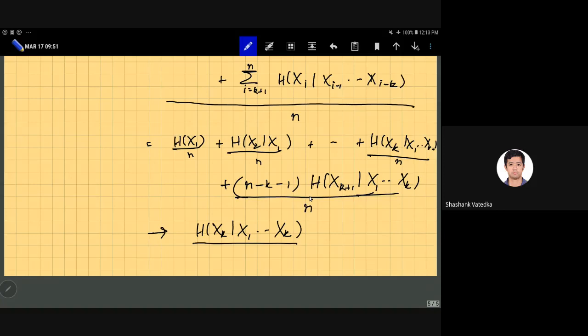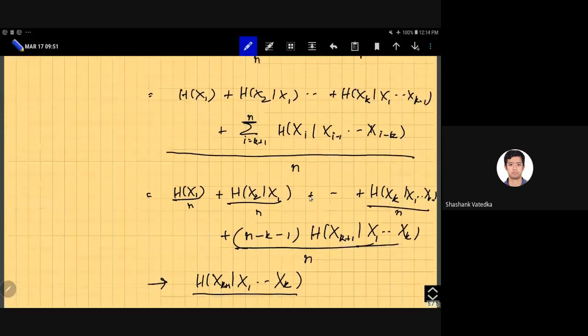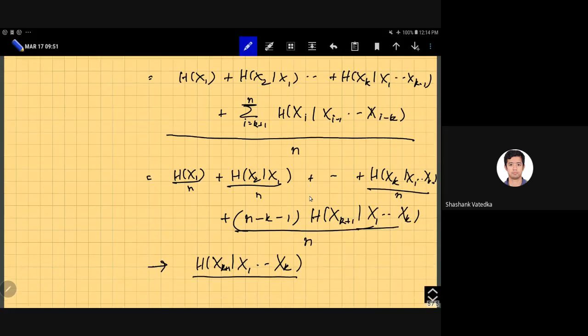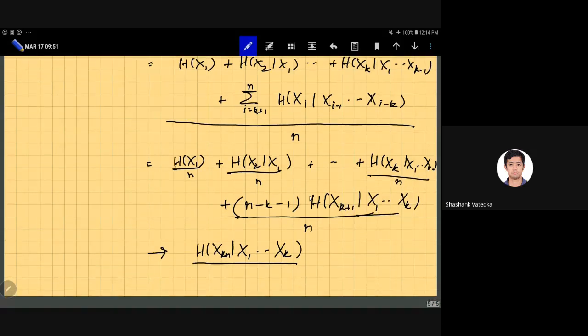So it can only depend on the previous k symbols. That is one way to interpret this entropy rate. In other words, it's the total amount of uncertainty in Xn, and it can be decomposed in the following fashion. And this in general could be much smaller than H of Xk.